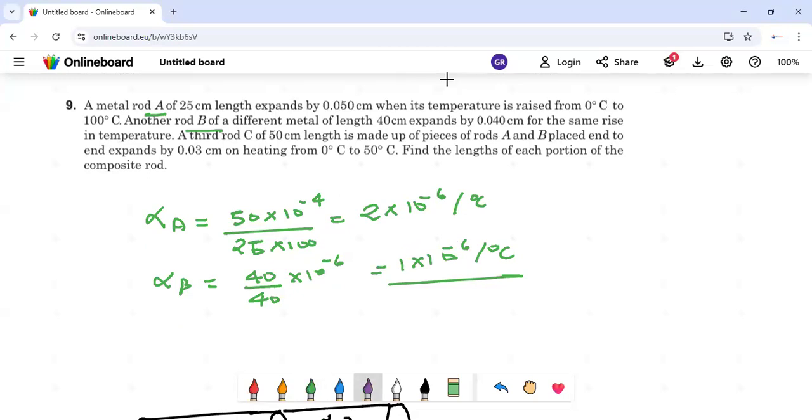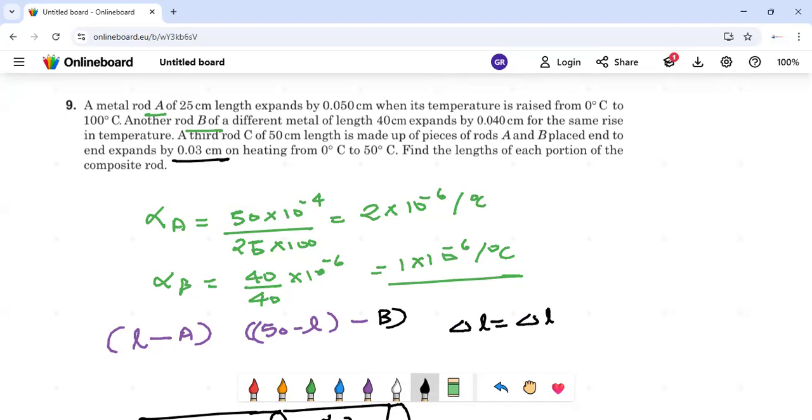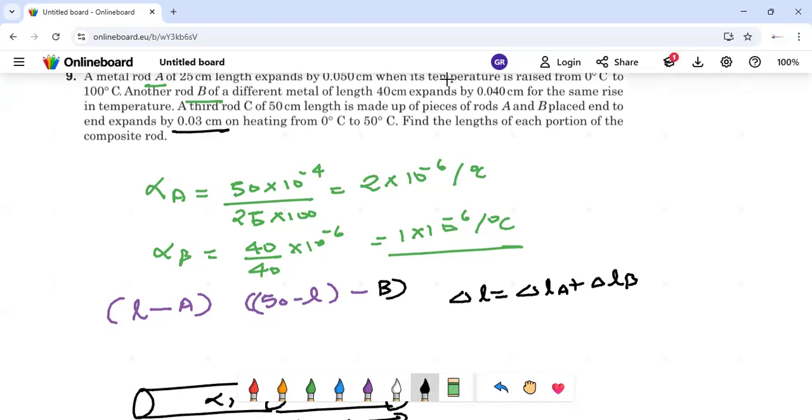So let's say A has length L. So how much is left for B? 50 minus L. And combined together, this much is the expansion. So I can write delta L of rod is delta L of A plus delta L of B. Simple.